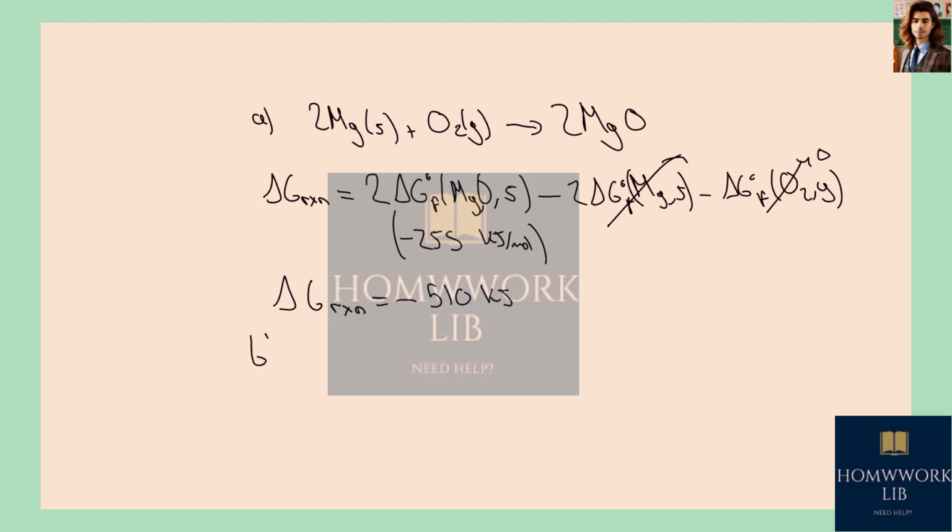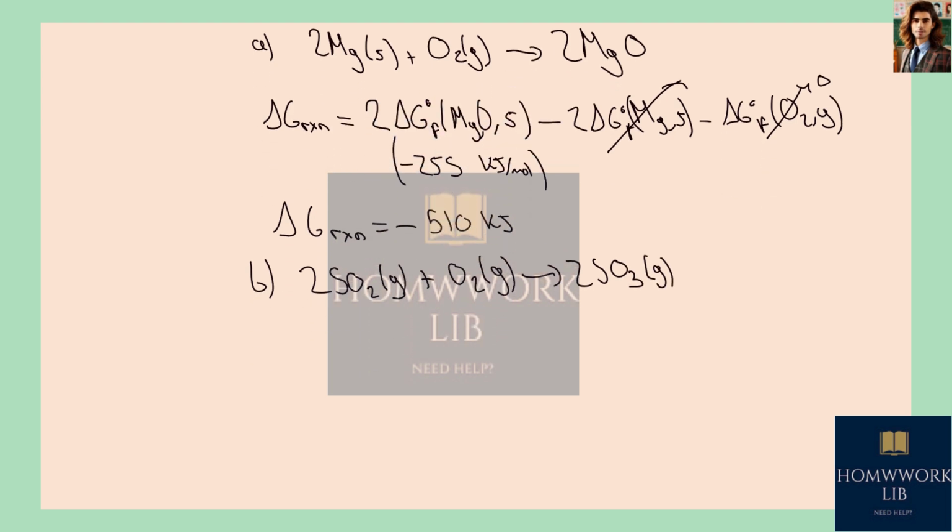Now let's go with part B. The second reaction that we are going to treat is the following: 2 SO2 gas plus O2 gas going to produce 2 SO3 gas.